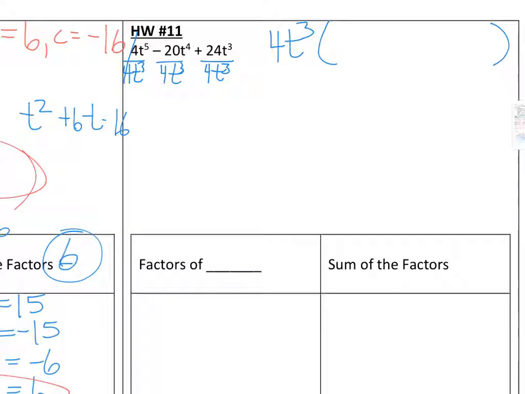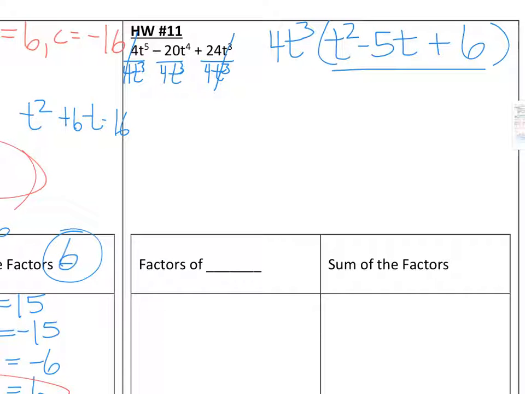So t to the 5th divided by t to the third is t to the second. Remember, we subtract exponents here. Then I've got negative 20 divided by 4, which is negative 5. And t to the 4th divided by t to the third is t to the first, but I don't have to put the first power. On this one, t to the third and t to the third cancel. So I've just got 24 divided by 4, which is positive 6.